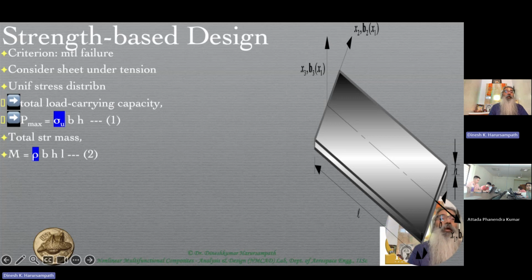Now coming to these two quantities on the left-hand side, this is the maximum load. So we would want to maximize that so that our performance is as good as possible, or it might be dictated to us.